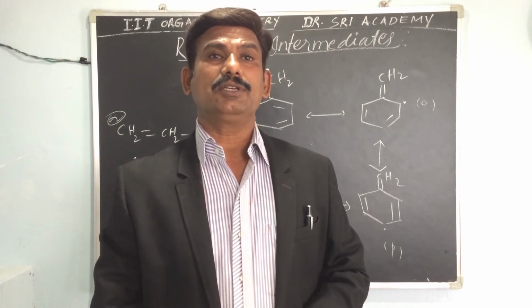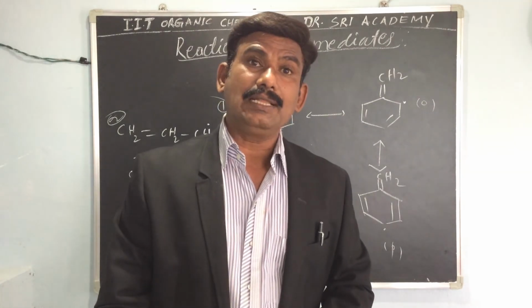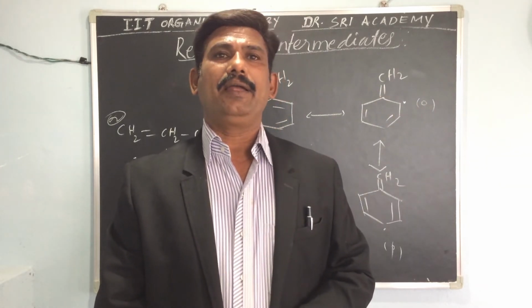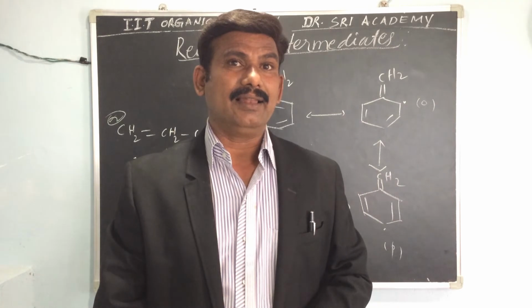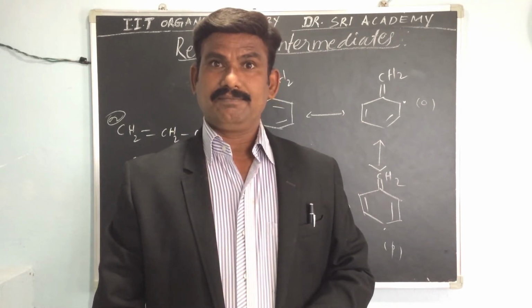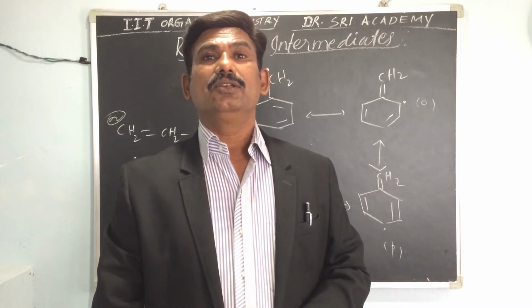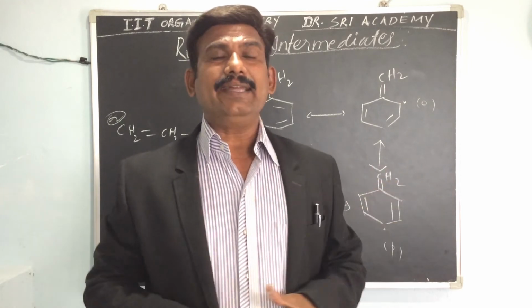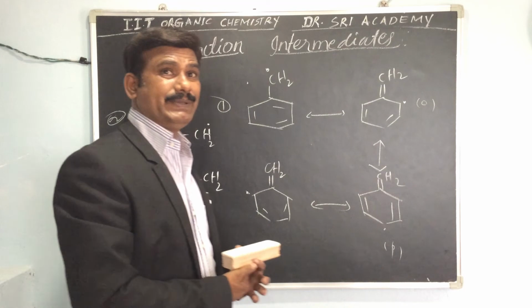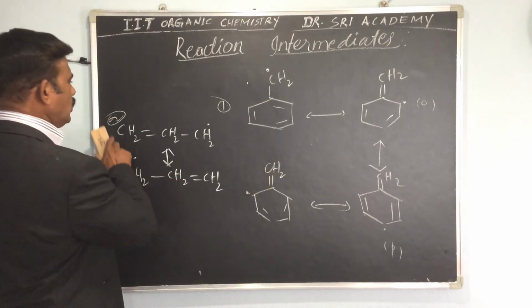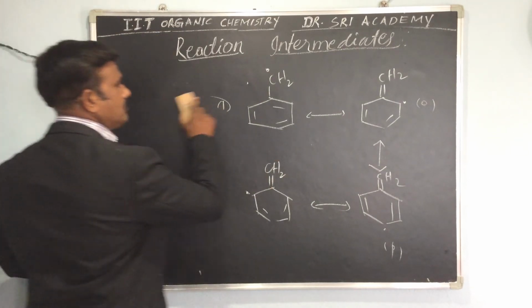We have hyperconjugation. The stability of free radicals is increased by the methyl groups. We know the methyl radical, ethyl radical, propyl radical, tertiary butyl radical. So what is the order? That is important. What is the order of the free radicals, especially by hyperconjugation? Please note down all these things.